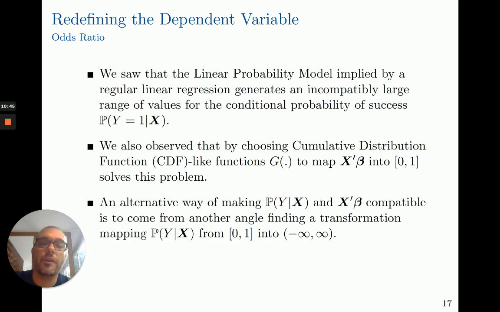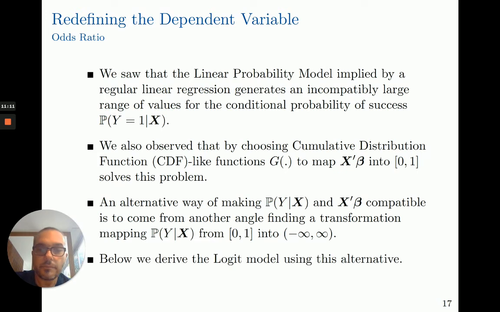But there is an alternative way of making the conditional probability and x beta compatible: finding a transformation that maps the 0, 1 interval into the open interval between minus infinity and infinity. I'm just going to show the derivation of the logit model using this alternative.